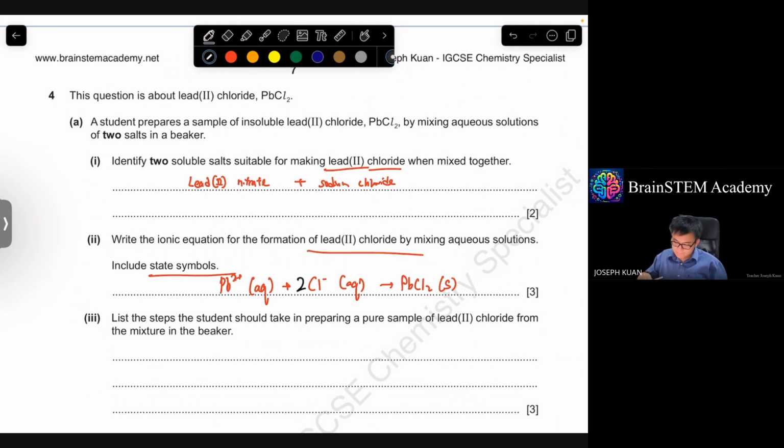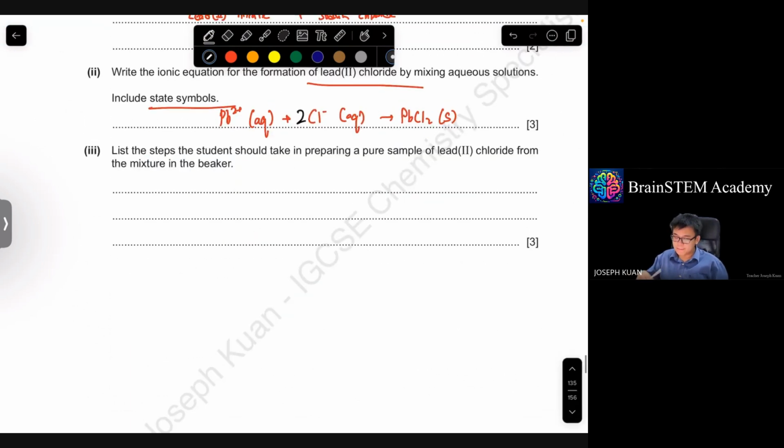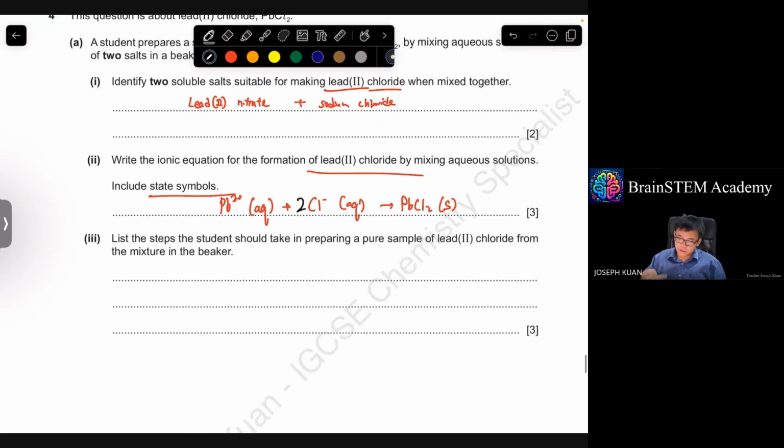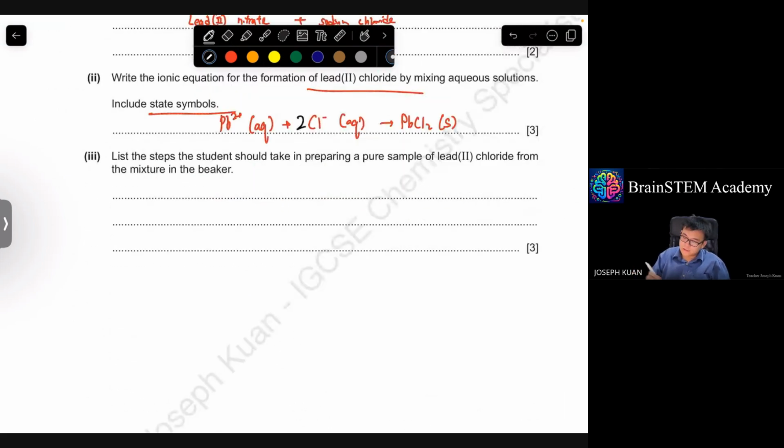Next, list the steps the student should take in preparing a pure sample of lead-2 chloride from the mixture in the beaker. First of all, of course, after the preparation is made, the student must filter, so that you get the insoluble salt, which is known as the residue. Right?